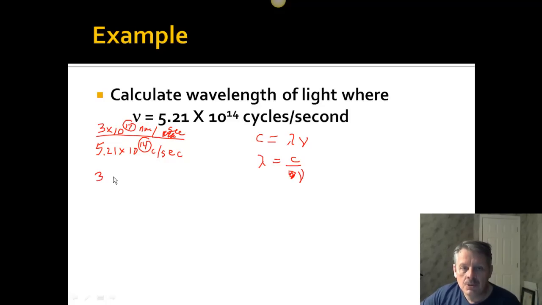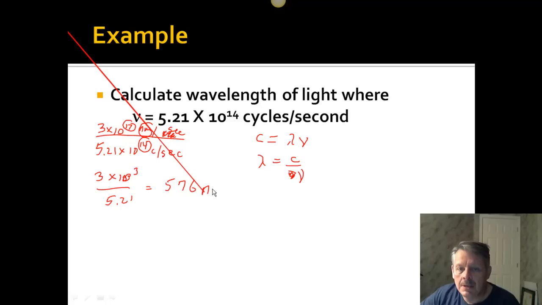So this is really 3 times 10 to the 3rd divided by 5.21. Right? And 3 times 10 to the 3rd divided by 5.21 is going to give me 576. Okay, and notice this is in nanometers up here. Wavelength is going to be in nanometers.